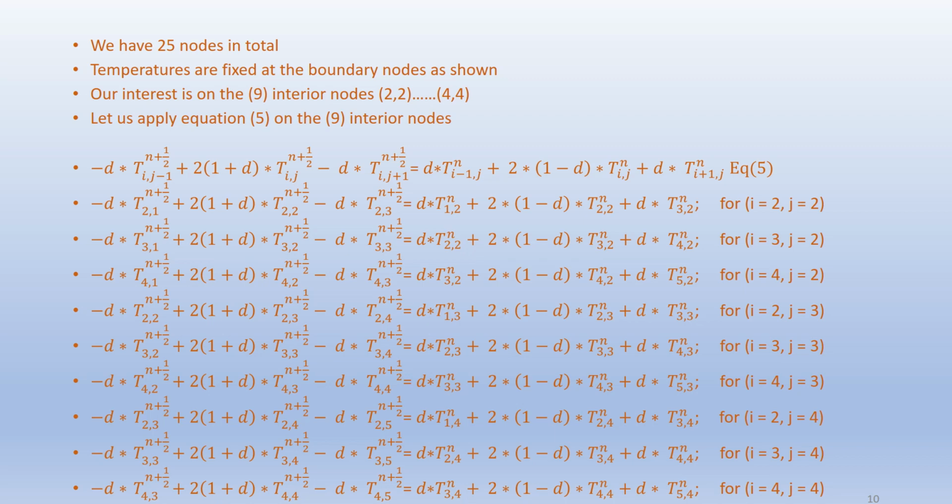We have 25 nodes in total. Temperatures are fixed at the boundary nodes as shown. Our interest is on the 9 interior nodes from 2,2 to 4,4.